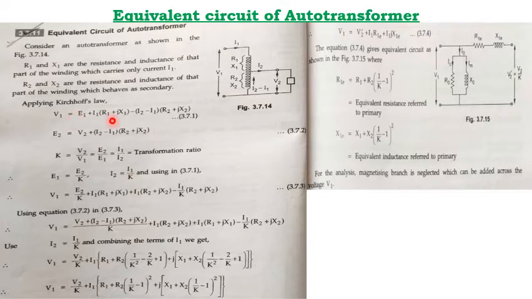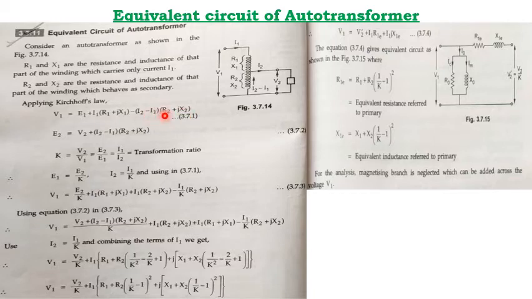So the equation becomes V1 is equal to E2 divided by K, plus I1 into (R1 plus jX1) as it is, minus, in place of I2, I1 divided by K. Then make further simplification by termwise multiplication, I2 into R2 and j I2 into X2.